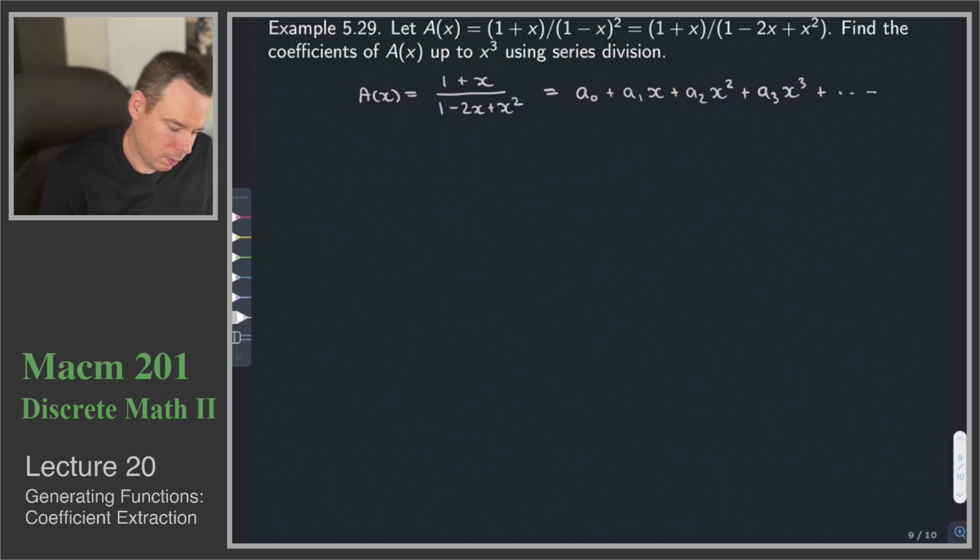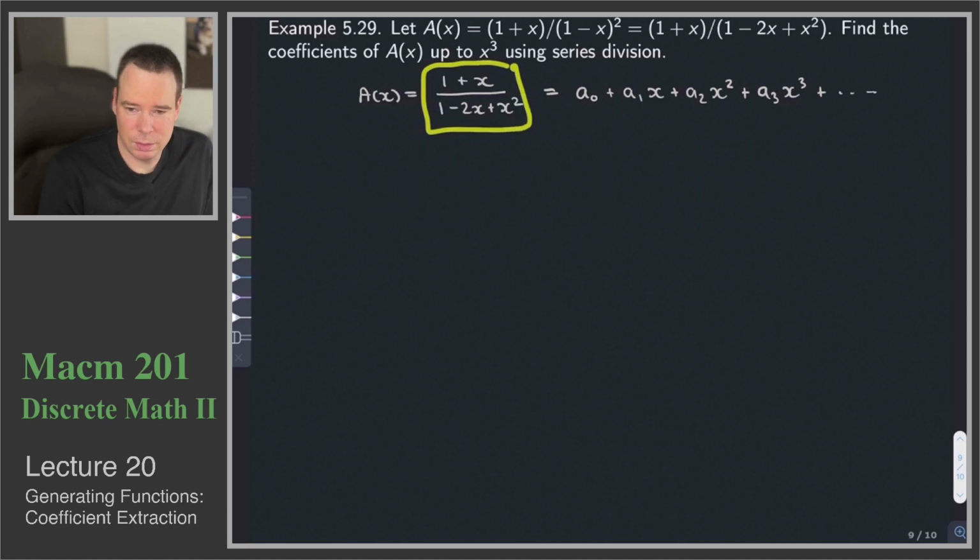Now, we could use the methods from the first part of this lecture, which just says, go ahead and do coefficient extraction on this. The denominator can factor, go ahead and do coefficient extraction. We'll do that at the end as an alternate approach, because I just want to focus on the mechanical technique that we're developing here.